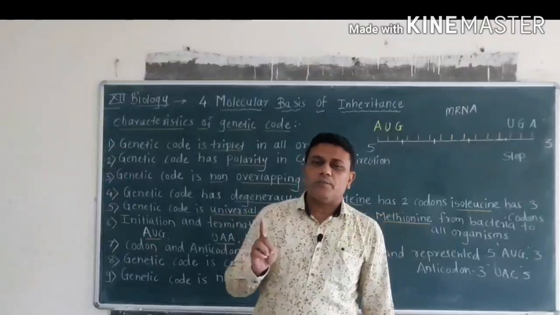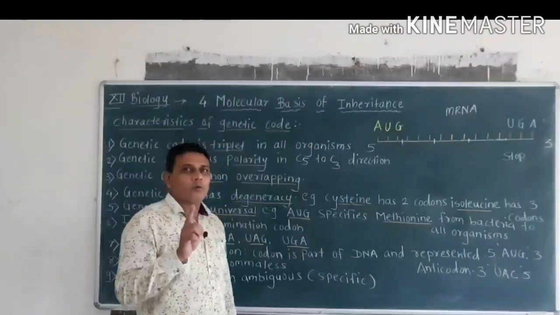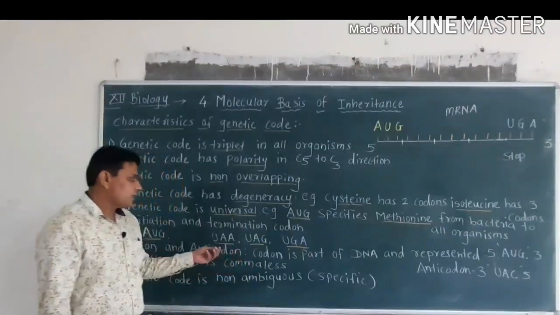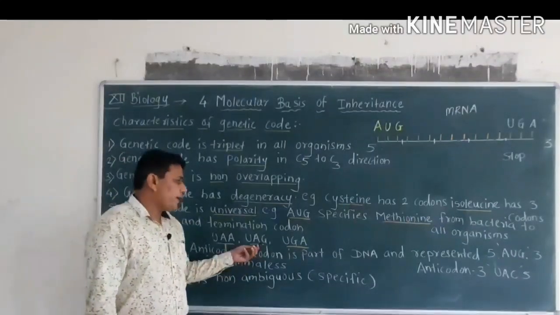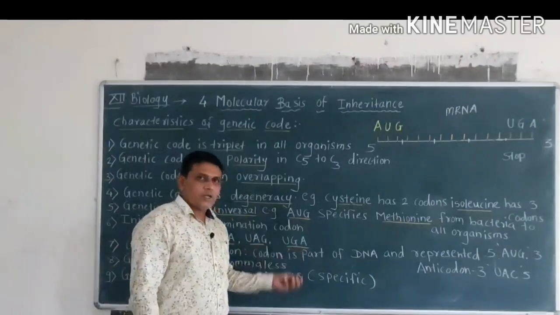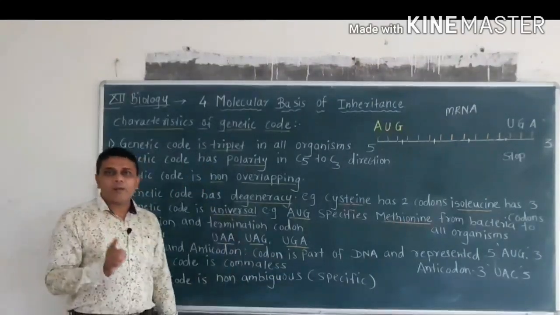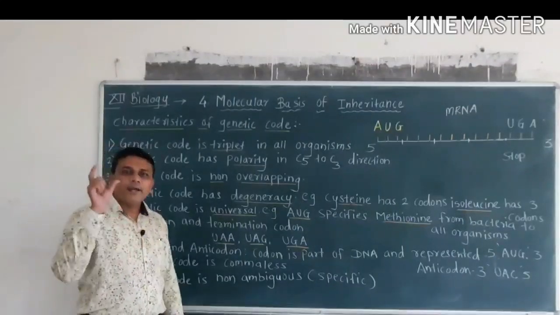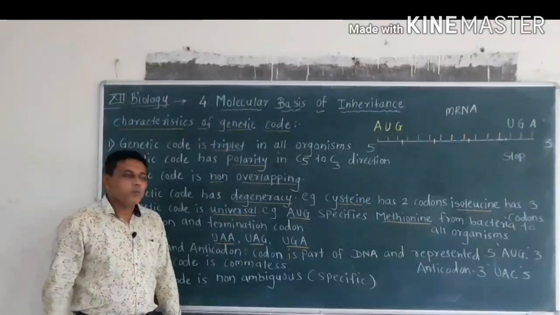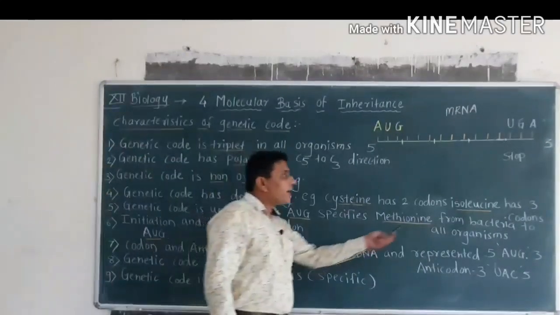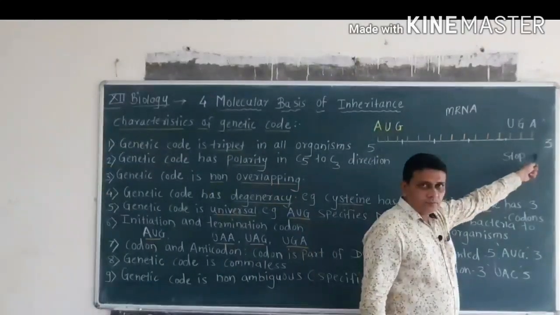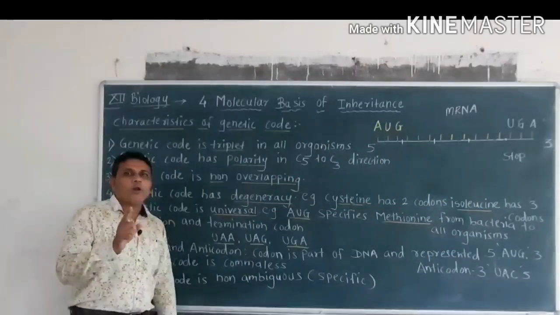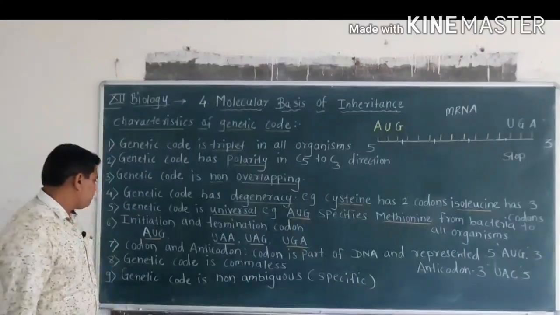In all, we have seen there are total 64 genetic codes, of which 3 genetic codes, that is UAA, UAG and UGA, do not code for any amino acid, but they stop the process of protein synthesis, or they terminate the process of protein synthesis and are present at the C3 end of the messenger RNA. Hence they are called as stop codon or termination codon.